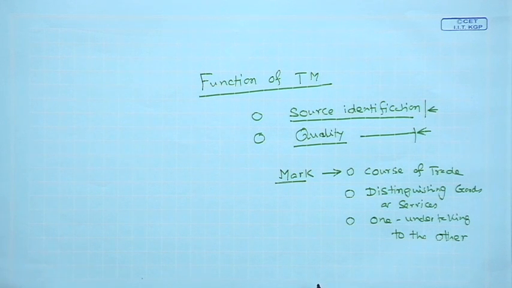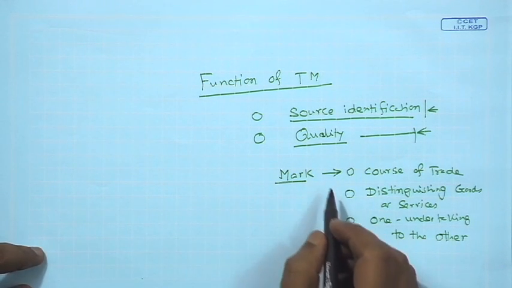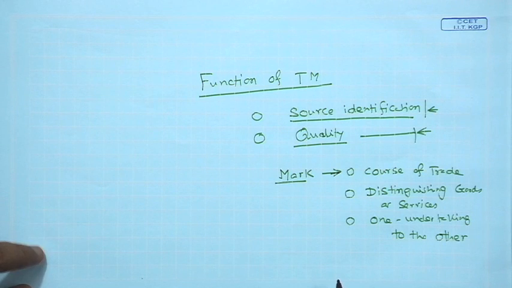Okay. So, now you have the legal definition of the trademark: a mark used in the course of trade.